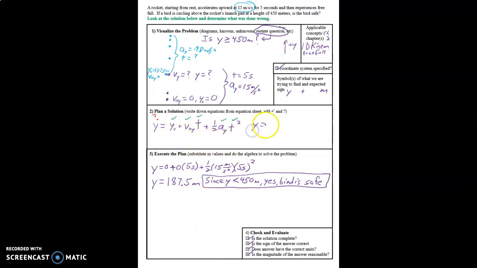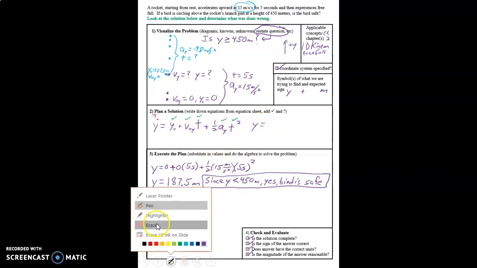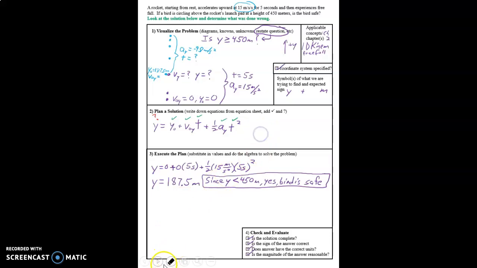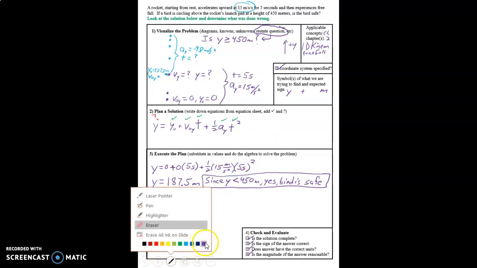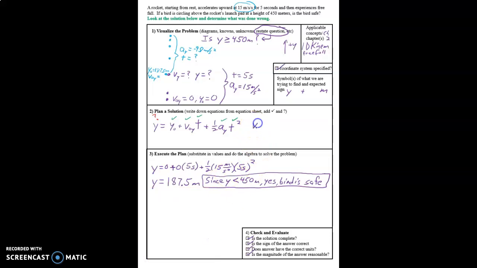So we'll use this equation. Use the equation Vy equals V naught y plus AYT.